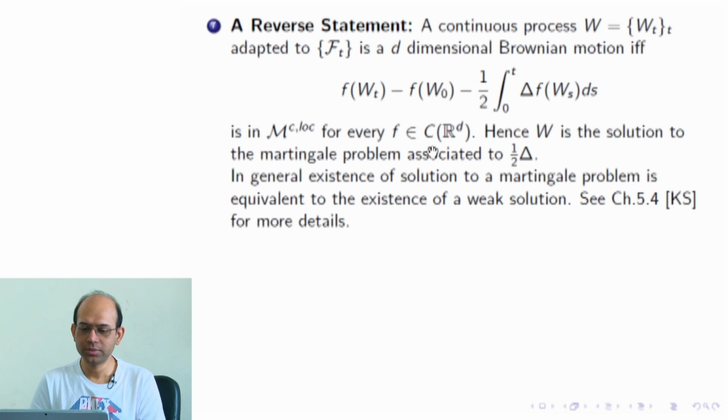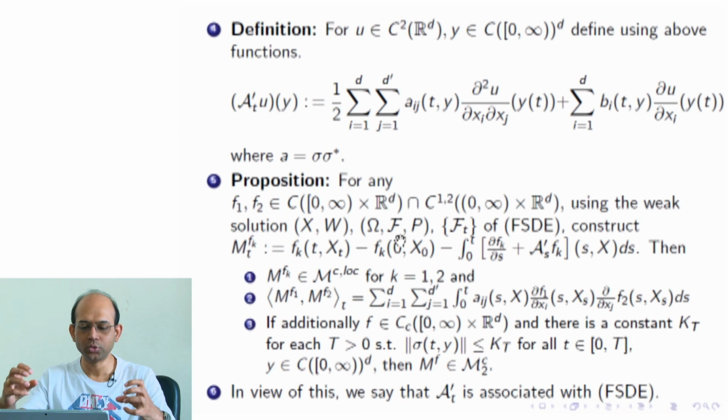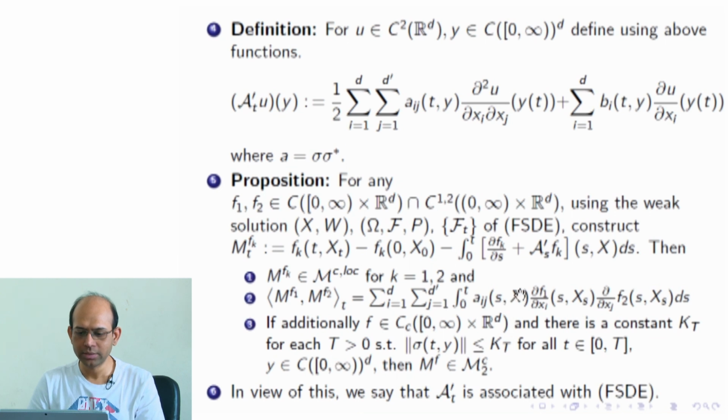The reverse statement is about a continuous process W adapted to Ft. What type of reverse statement are we looking at? A very special case. This is FSD, but we are looking at only the SD case, and we are going to say that the reverse thing is also true. That means if I have a weak solution of the FSD, and that FSD has some coefficients, from those coefficients I come up with this operator, and I get a local martingale.